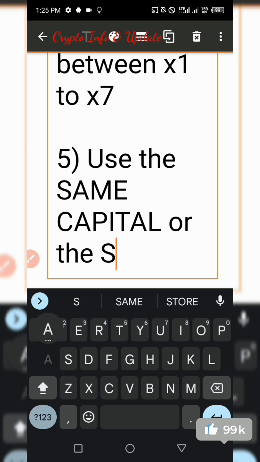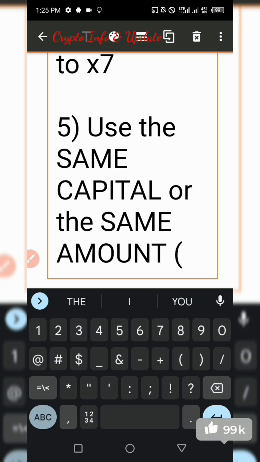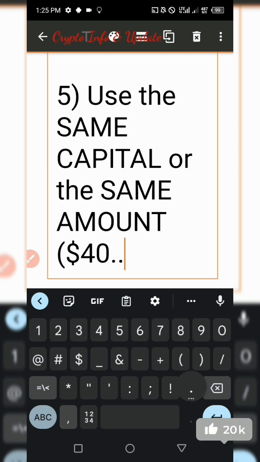So let's say you have $100, and you want to just use $40 for this pair trading. A particular pair you want to use for your pair trading. All right. So you have $100. You want to use only $40. All right. So you allocate $20 to the first pair.